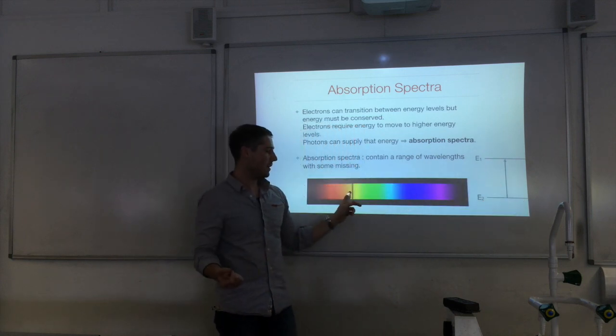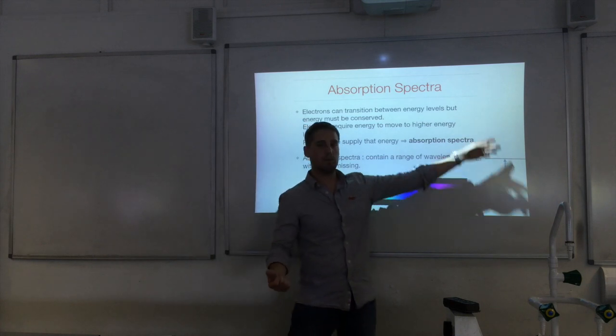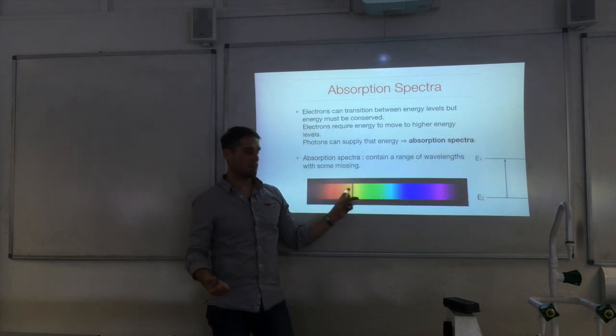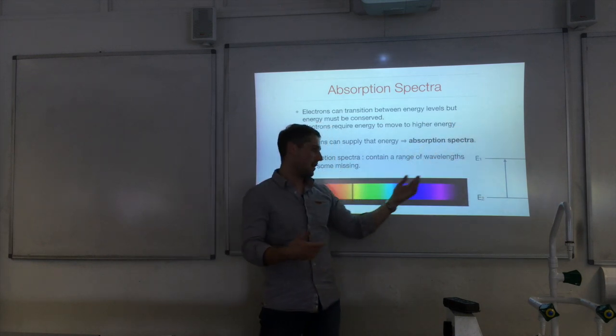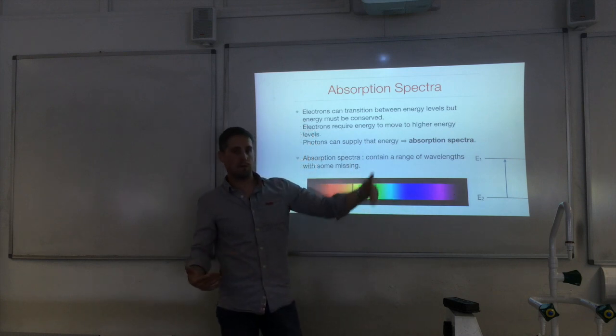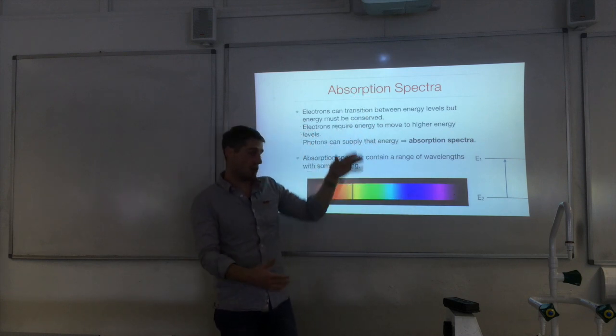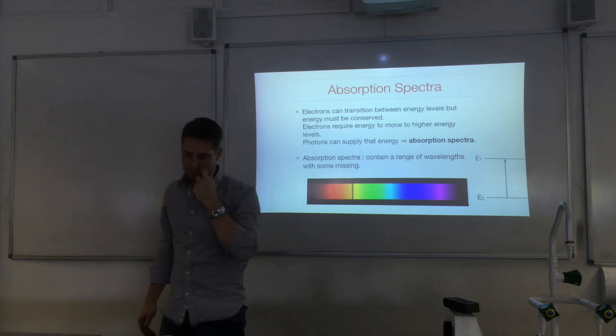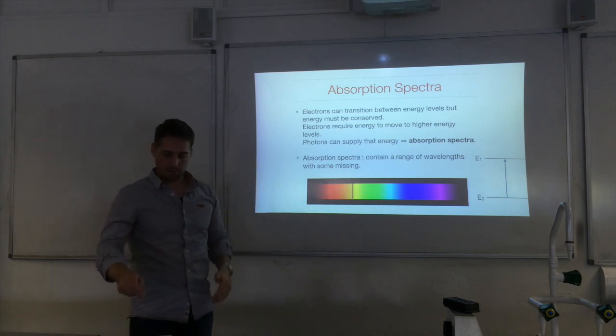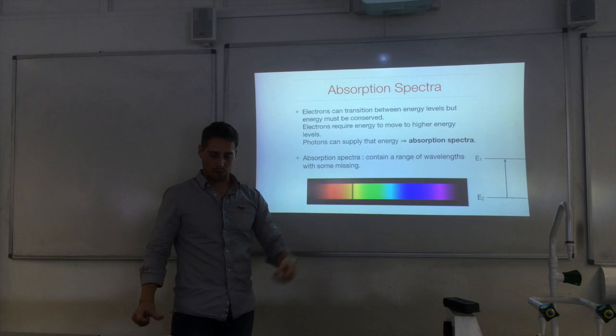One electron moved from one energy level to another in absorbing that photon, and another electron moved from one energy level to a different energy level to correspond to exactly that amount of energy. The energy levels wouldn't be particularly different because those wavelengths are so close.